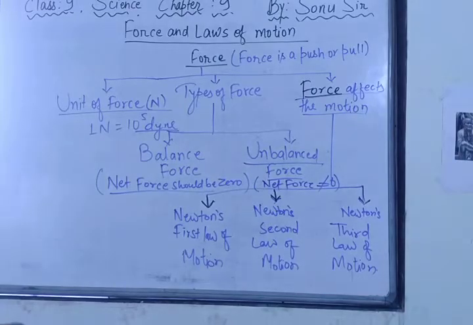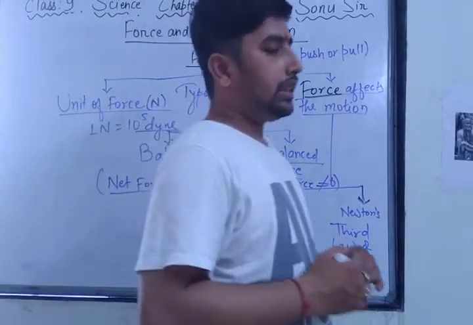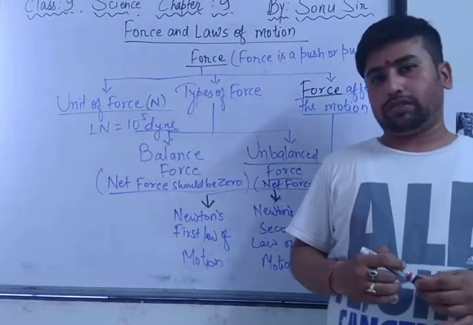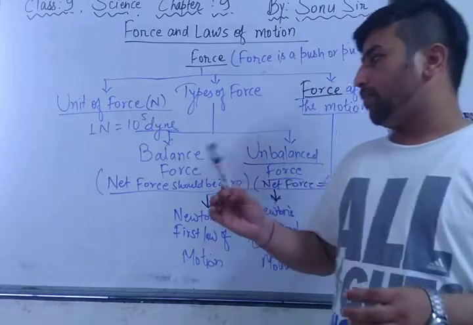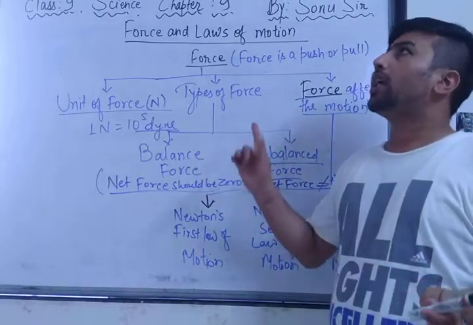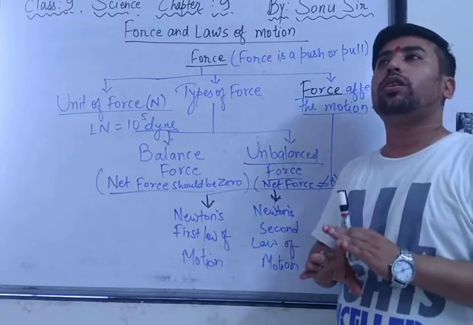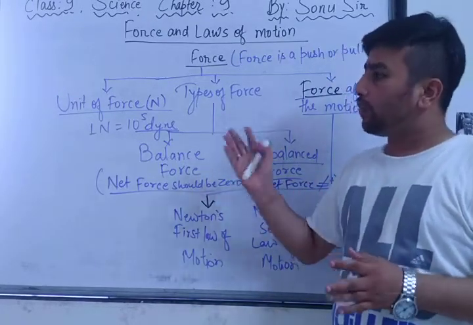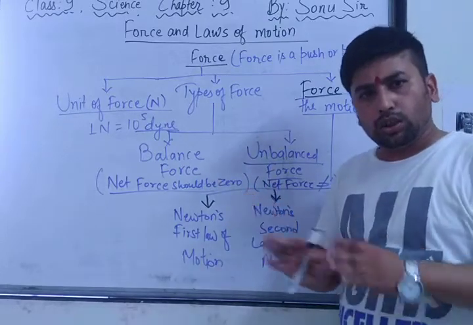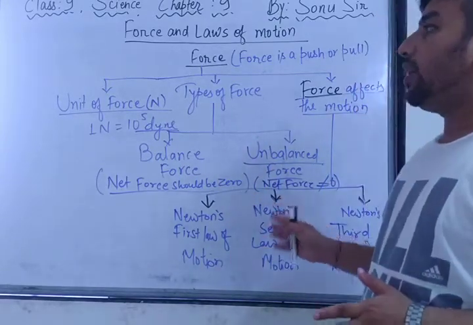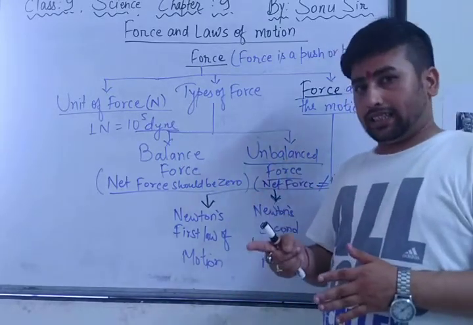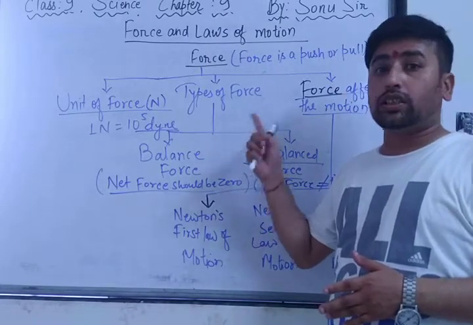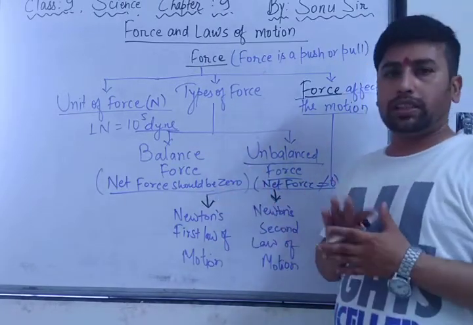See, what is the meaning of this first law of motion? Just suppose this board is here, and I close this room for 1000 years. What do you think, will this board fall down, or will anything come here? No, nothing is going to happen, until and unless some other force is applied on it, it is going to remain the same.